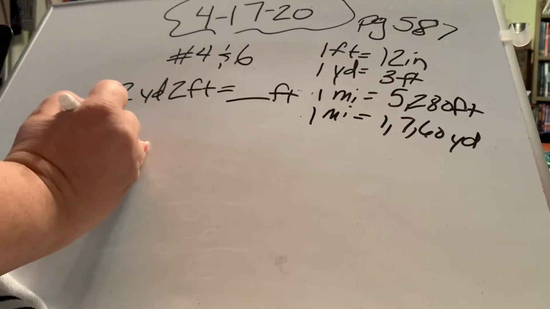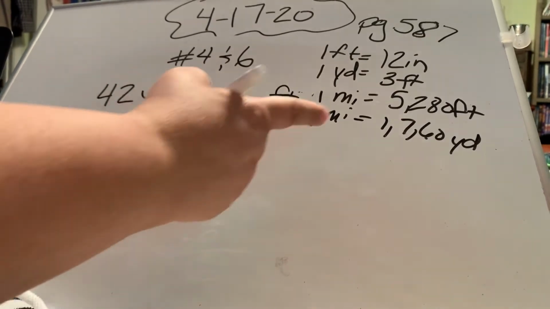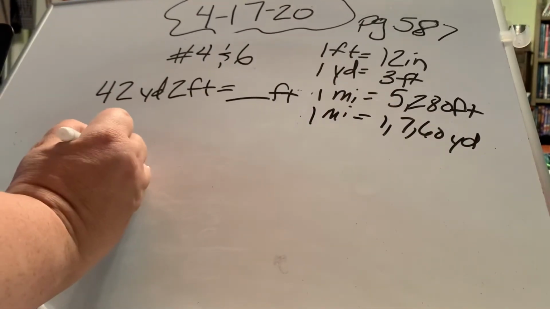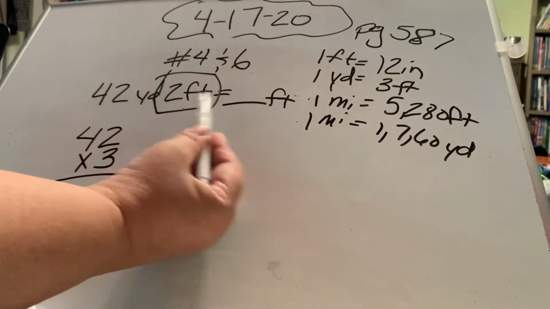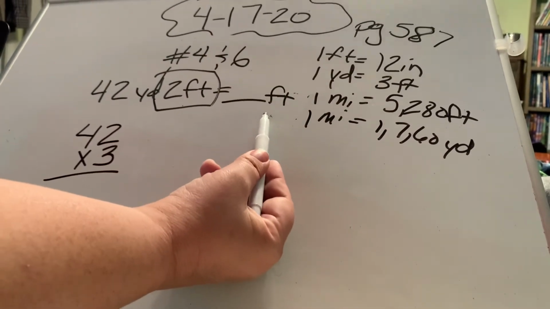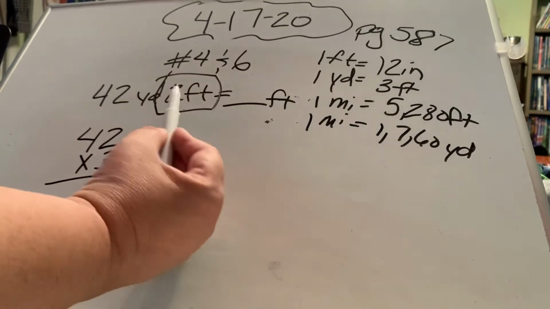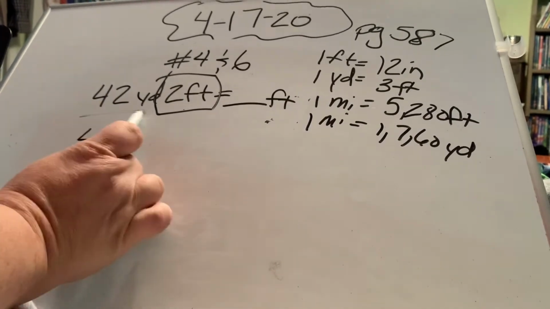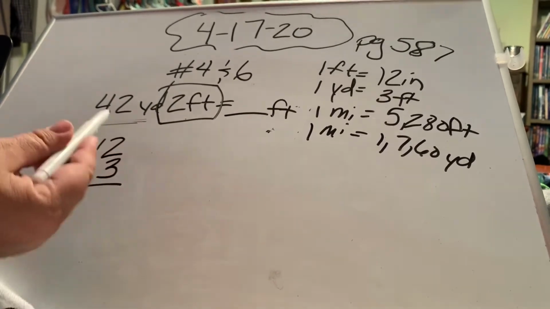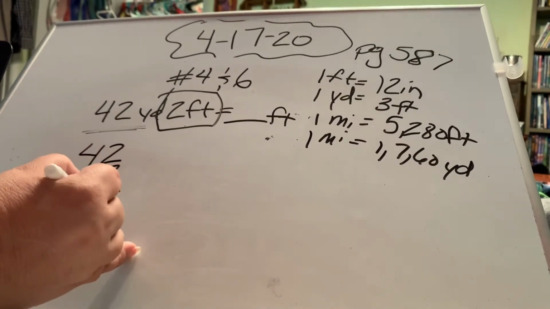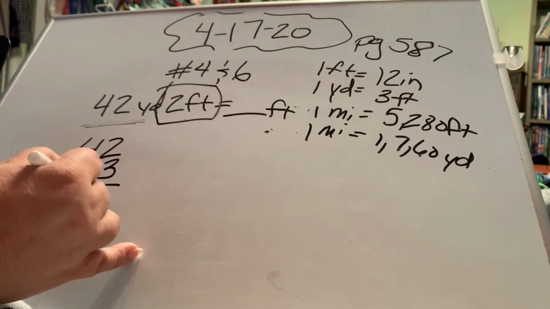So you're going to take that 42 and multiply it by 3, right? We're not going to do anything with this part yet because it's already in the unit that we are trying to get to. So first we have to convert those yards. 42 times 3. 3 times 2 gives me 6. 3 times 4 gives me 12.